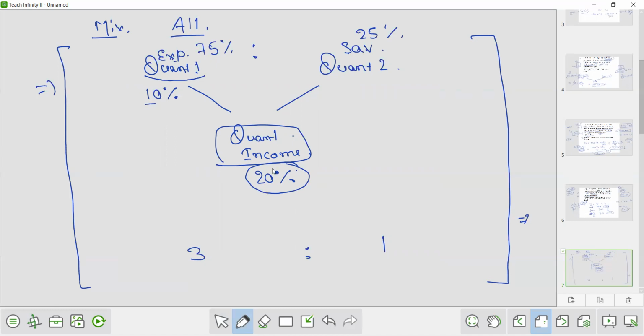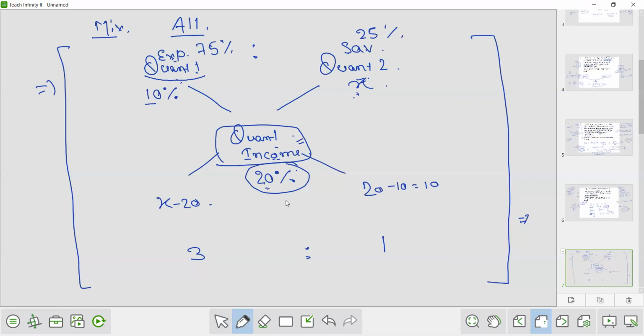So here 10 and 20, which is greater? 20 is greater. So let's say this is x. Now we write the difference of quantity 2 and this income, so the difference will be x minus 20. Now the difference of this quantity, that is income, and quantity 1 is 20 minus 10, that is 10.